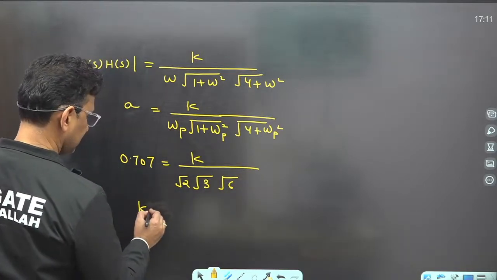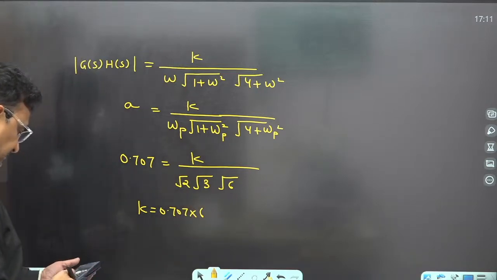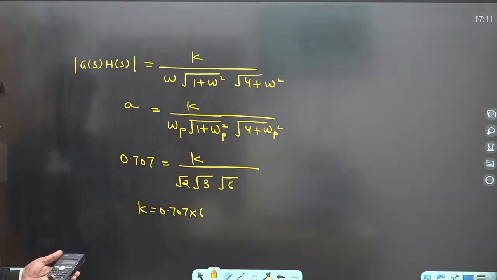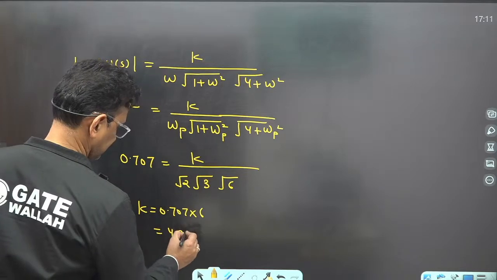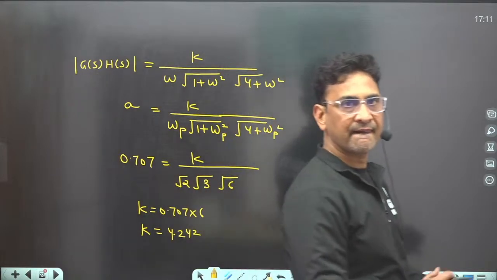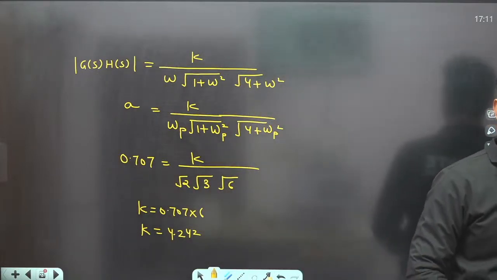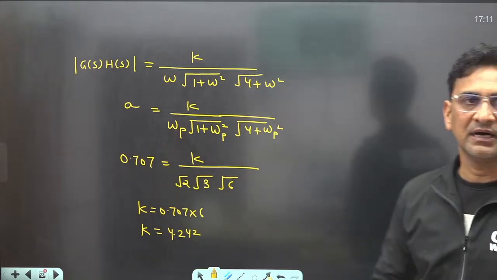So K will be 0.707 into 6, 4.24 is the value of K. Clear? So 4.242 is the right answer.